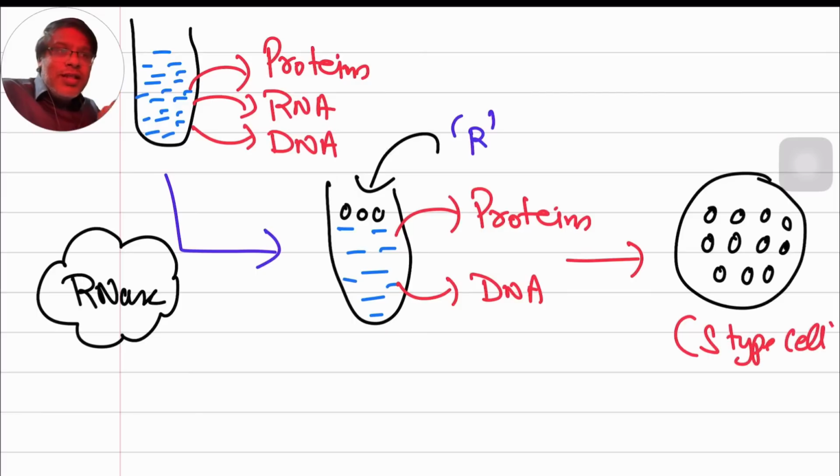R bacterial cells got transformed into S bacterial cells. So here you can see, in presence of proteins and DNA within the extract, you see the transformation. So in absence of RNA, transformation occurred. This tells us that RNA is not responsible as the transforming agent.